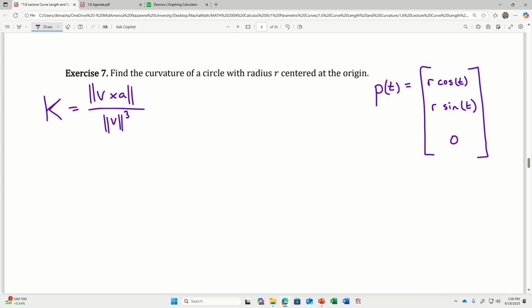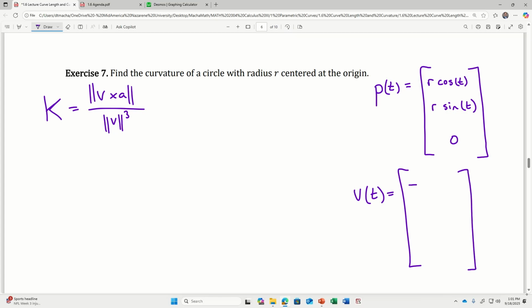The z-coordinate equal to 0 puts me in the xy plane. I know that cosine for the x-coordinate and sine for the y-coordinate gives me a circle. And I scale it out by r to give me a circle with radius r. So now, I need the velocity. The velocity is the derivative of the position.